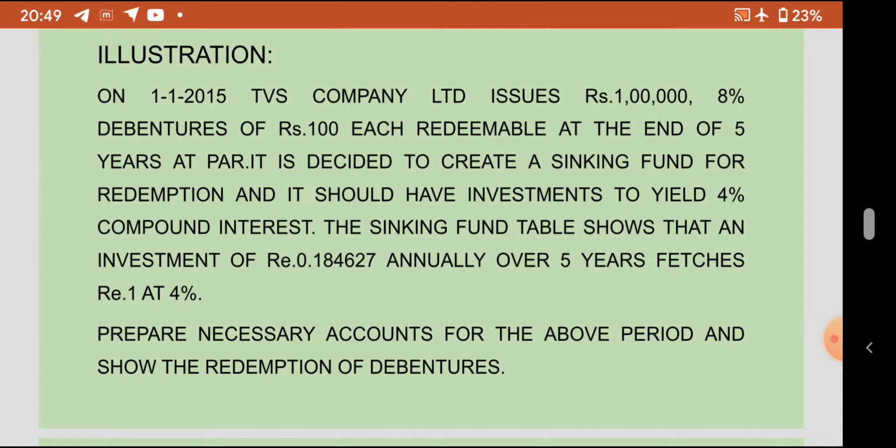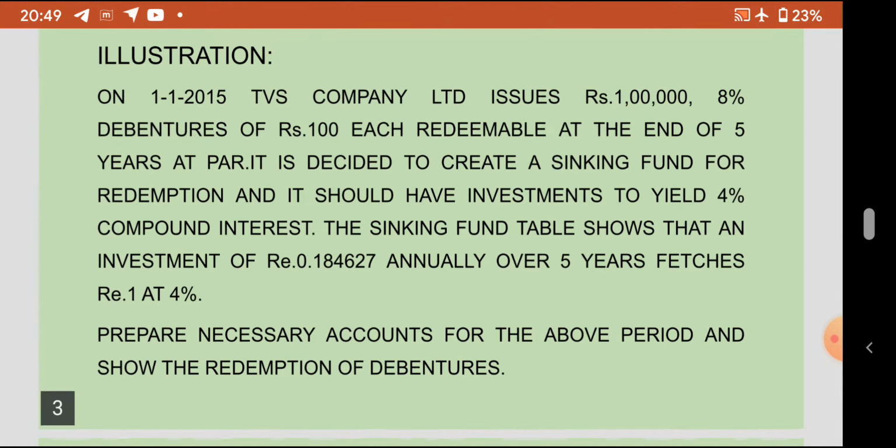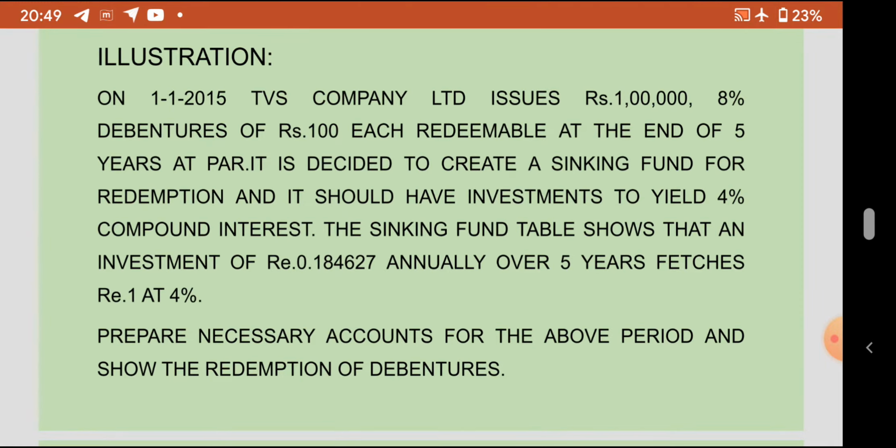On 1/1/2015, TVS Company Limited issued 1 lakh 8% debentures of rupees 100 each, redeemable at the end of 5 years at par. It is decided to create a sinking fund for redemption, and it should have investments to yield 4% compound interest.